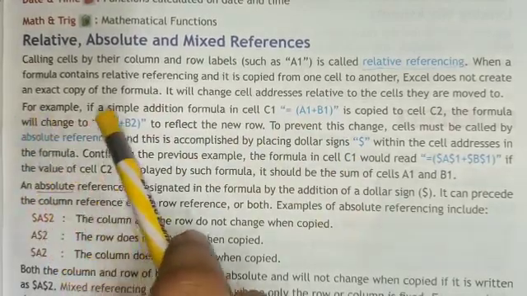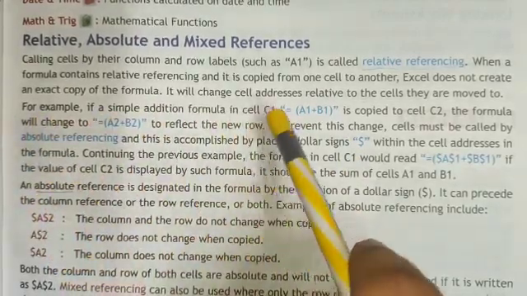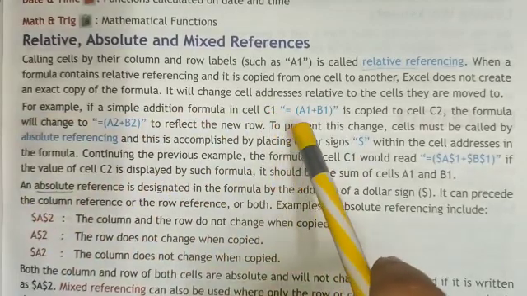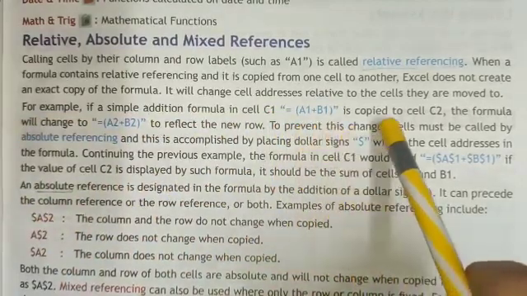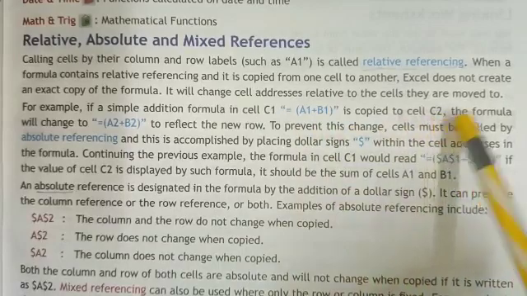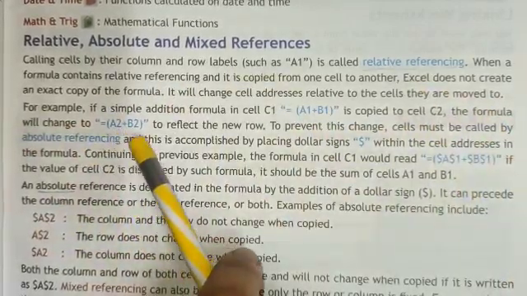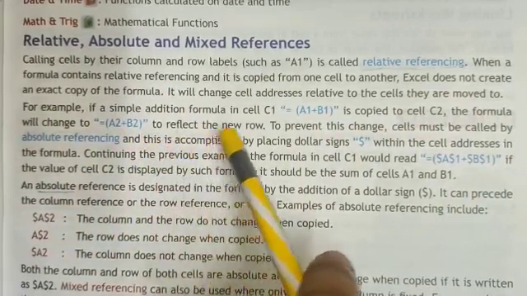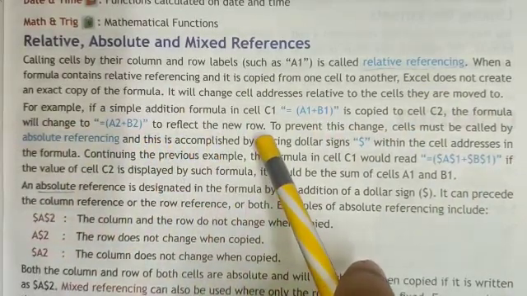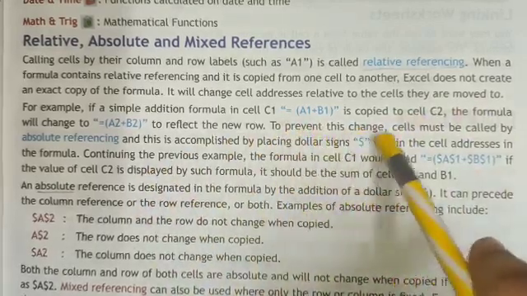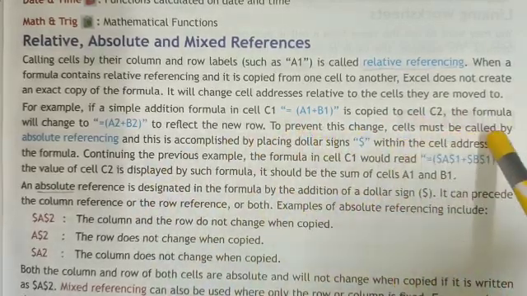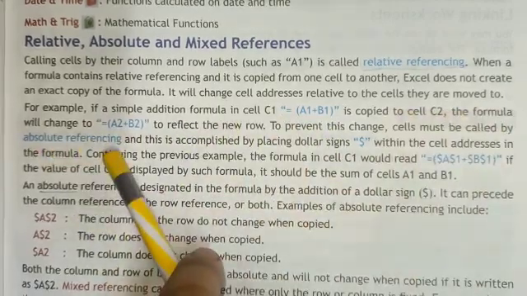For example, if a simple addition formula in cell C1, equal to A1 plus B1, is copied to cell C2, the formula will change to equal A2 plus B2 to reflect the new row. I hope you have understood this. To prevent this change, cells must be called by absolute referencing.